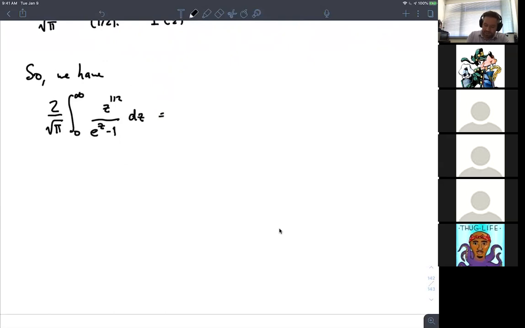I can rewrite this as 1 over gamma evaluated at 3/2 times the integral from 0 to infinity of z to the 3/2 minus 1 over e to the z minus 1 dz. So I'm just playing math games here.